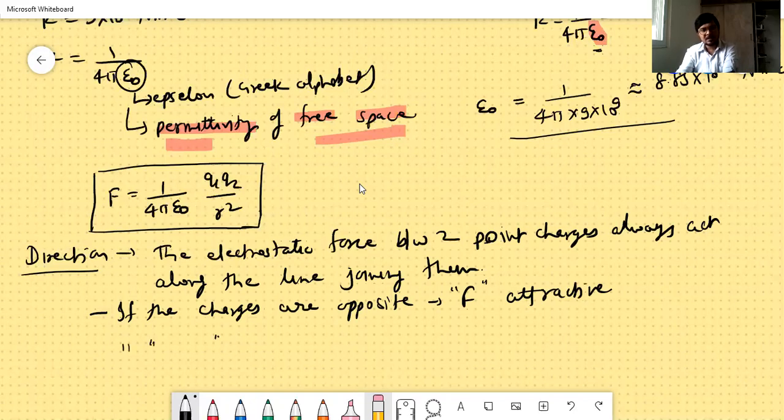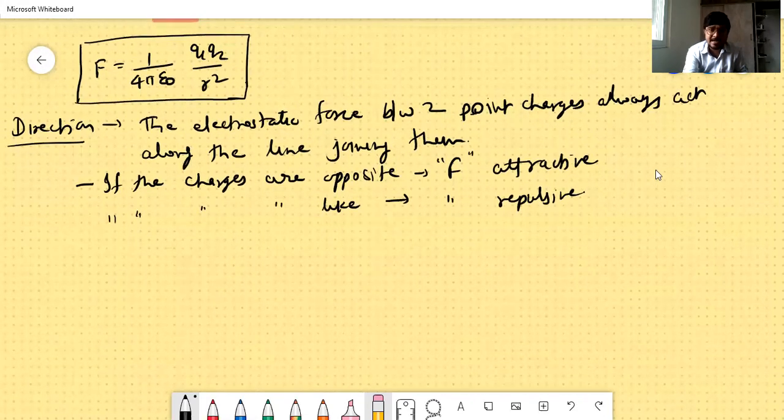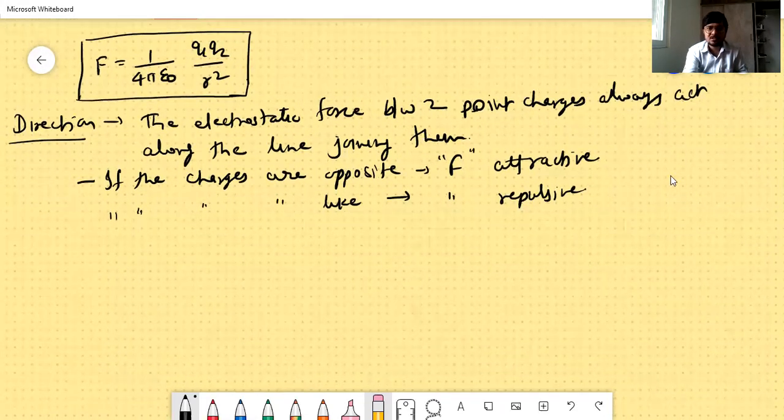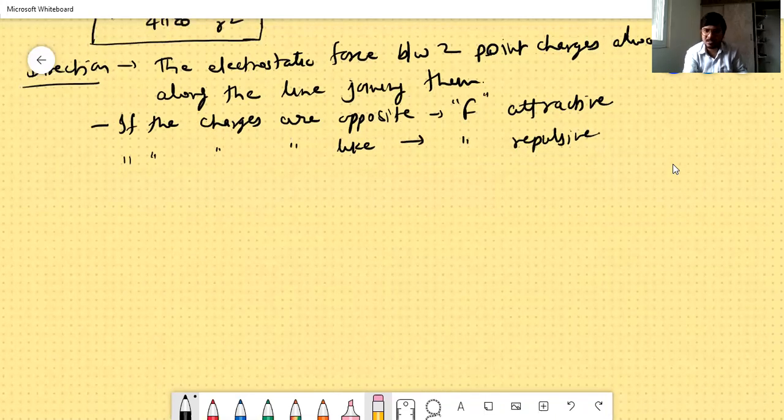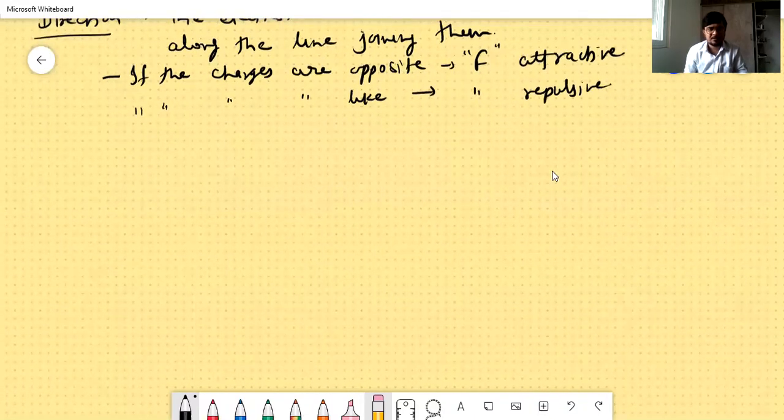And if the charges are like, meaning both the charges have the same sign, in that case force is repulsive. So if both the charges are positive or both are negative, then the force will be repulsive and it will act along the line joining them. And if both the charges have opposite signs, then the force between them will be attractive and it will act along the line joining them again.